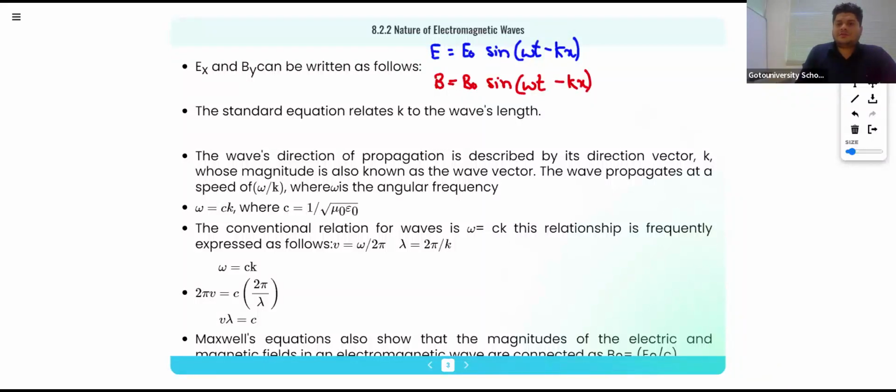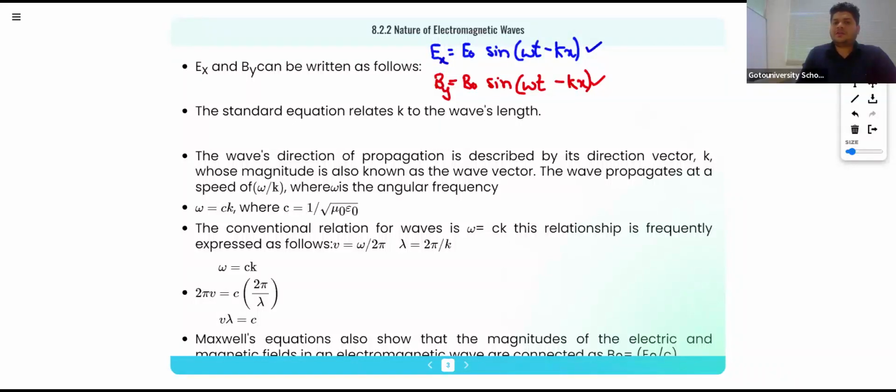What is E? This will be Ex and this will be By. Okay. And then what we studied about omega.